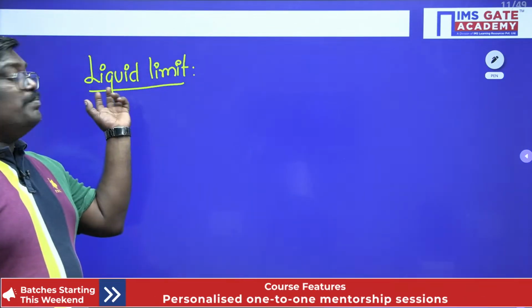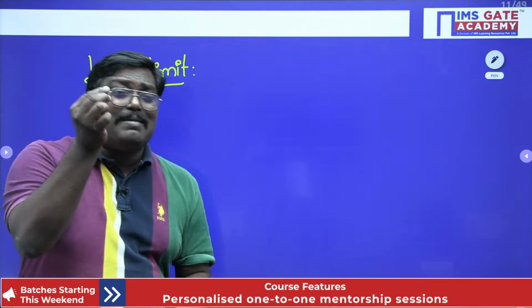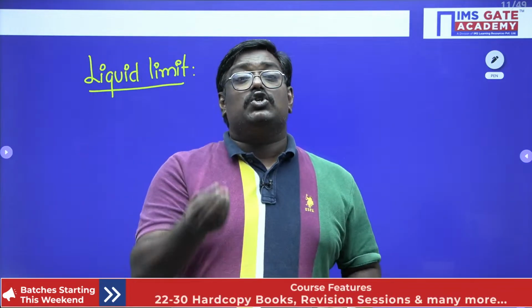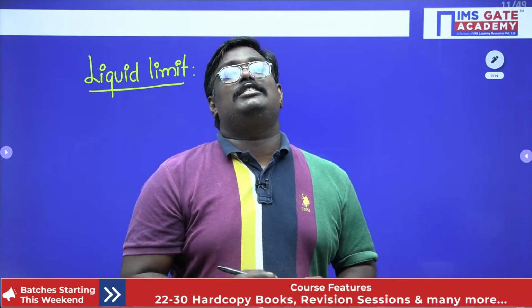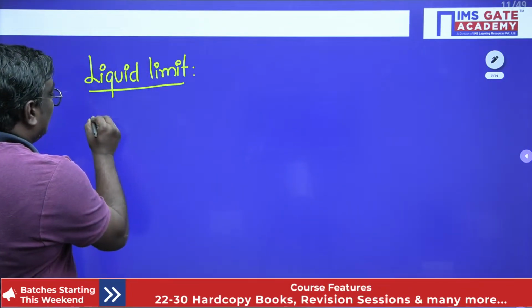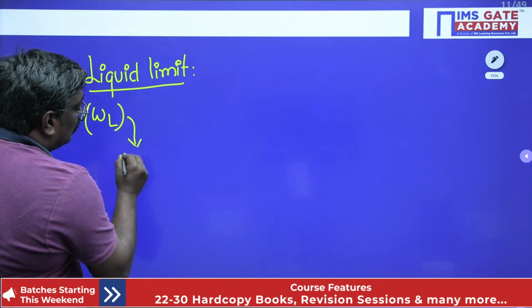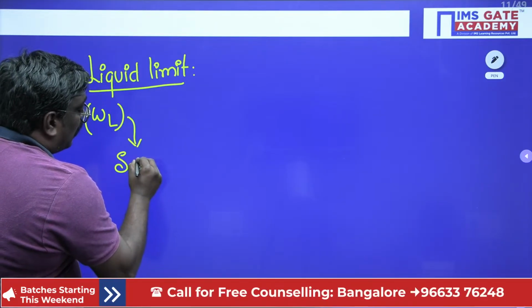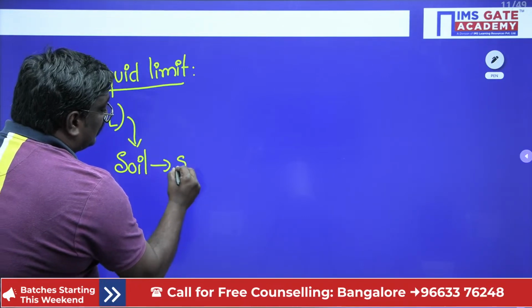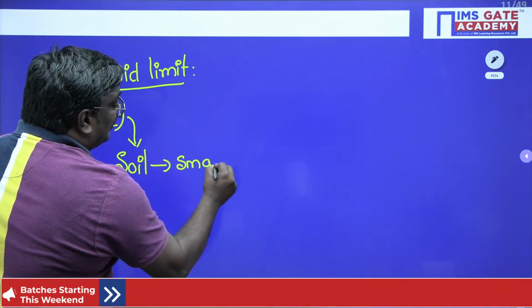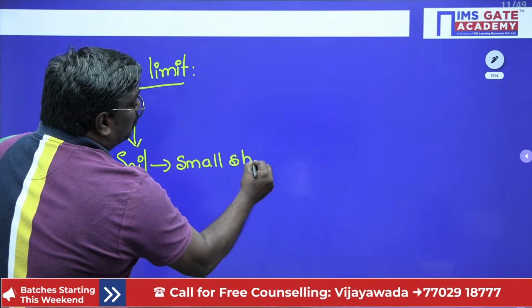But what do you mean by liquid limit is, it is the minimum water content at which soil has small shear resistance. At liquid limit, you should understand the soil will have small shear resistance. Means when you cross the liquid limit, the shear resistance will be almost zero.